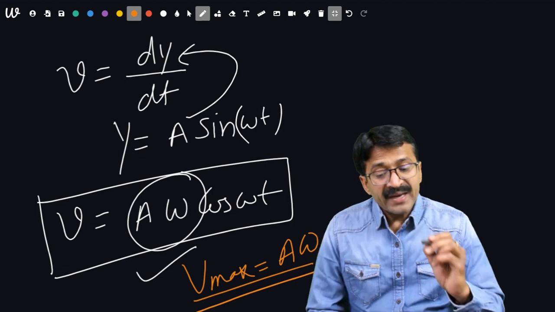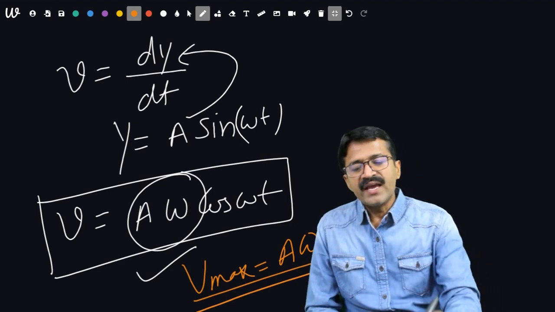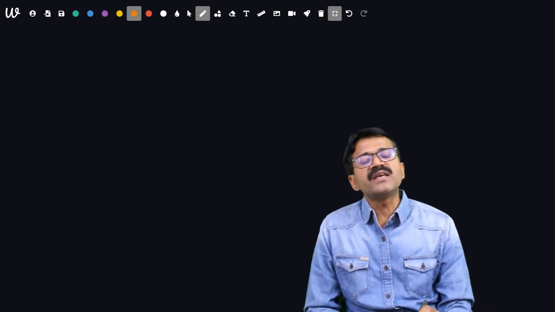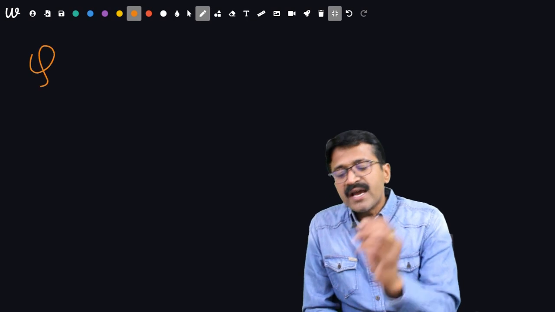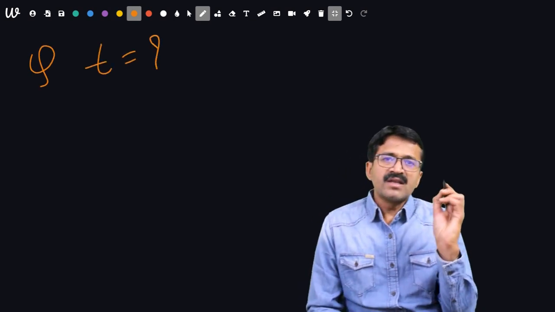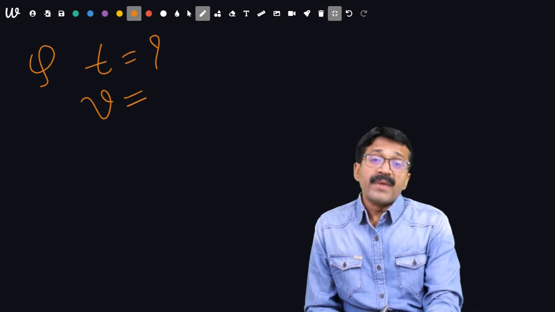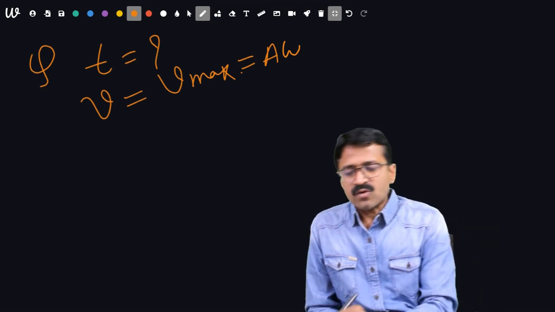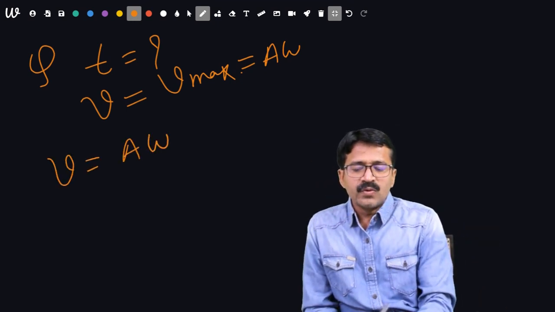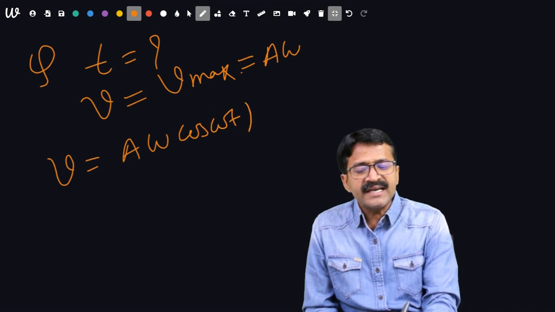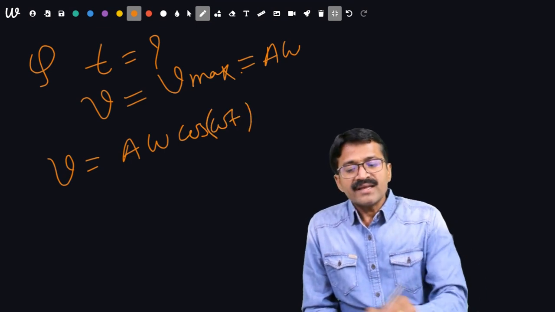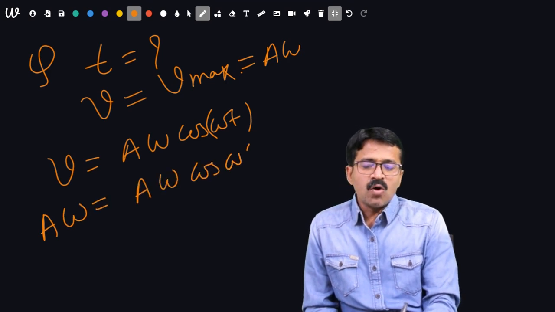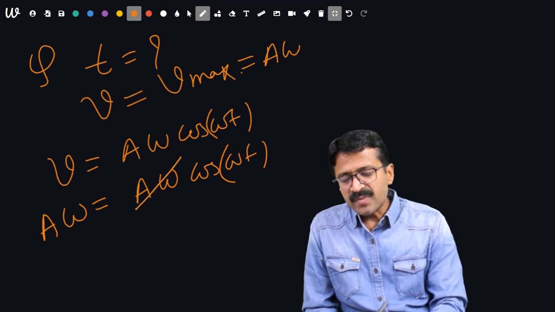Remember, now a numerical can be based on this in this way: at what time does the velocity of the particle become equal to the maximum velocity? The question is, you have to find the time. The velocity v becomes the maximum velocity, v max. You know v max = aω. The velocity is v = aω cos ωt. Now v is maximum, so aω = aω cos ωt. This aω will get cancelled.